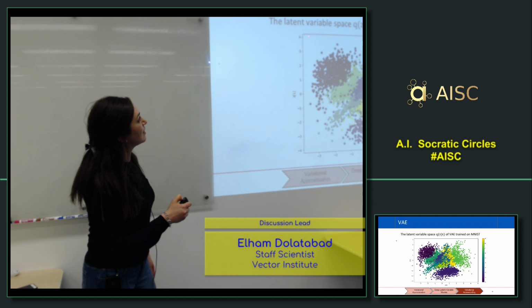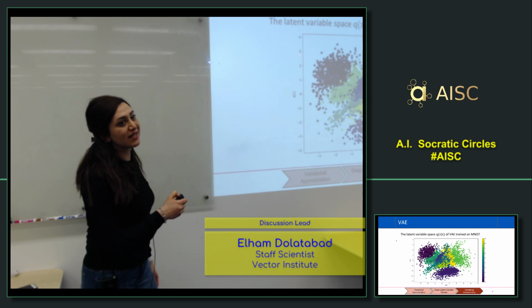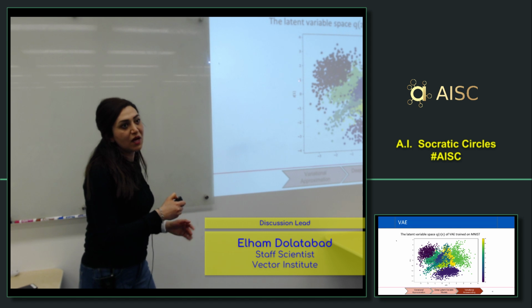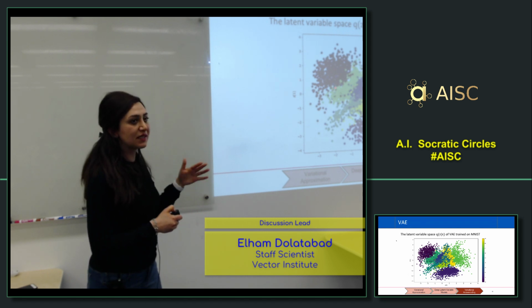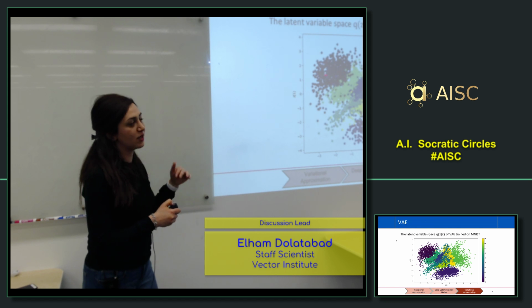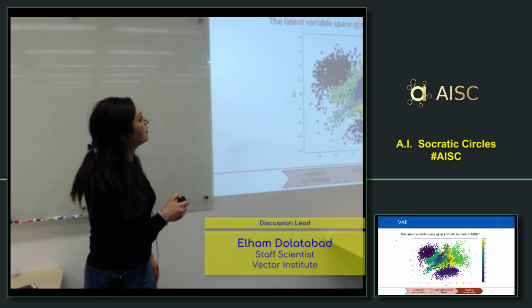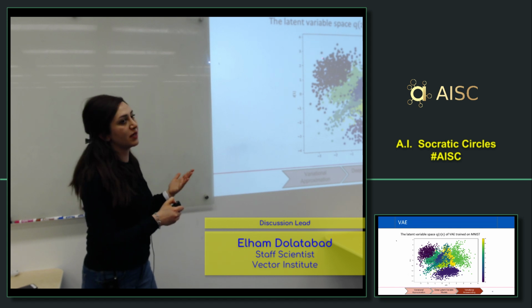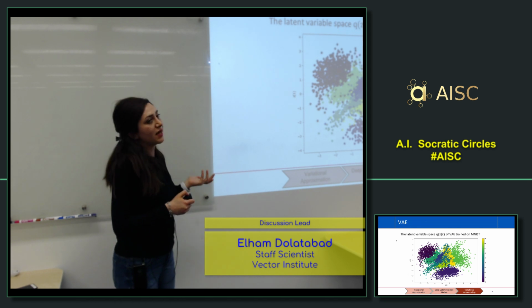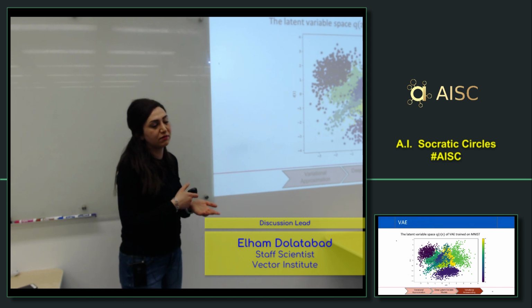So if I use something here, the model hasn't been trained on that one. But it will generate a sample for me that nobody has ever done before.